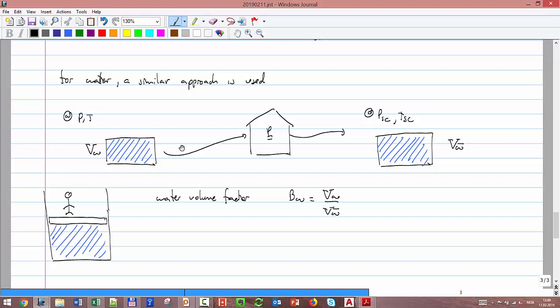But if you put an elephant on top of it, it's going to move a little bit, not much, but it's going to compress a little. You have some compressibility. So due to the compressibility of water, this BW is always slightly bigger than 1. Not much, it's 1.01 something, depending on the pressure, but it's always slightly bigger than 1.